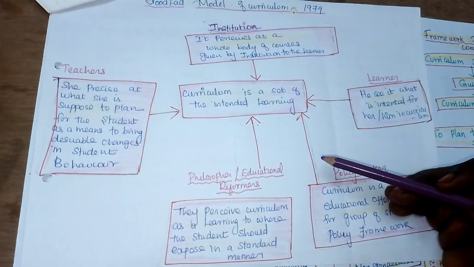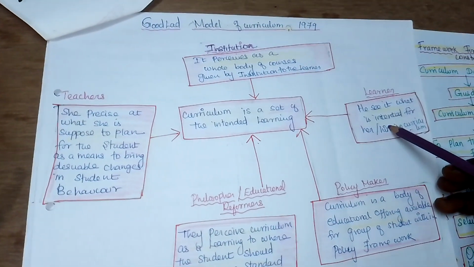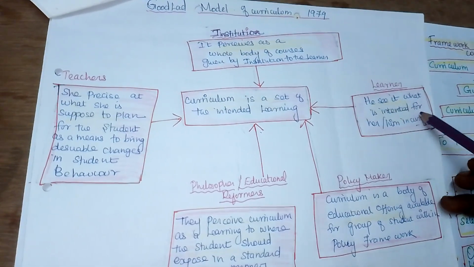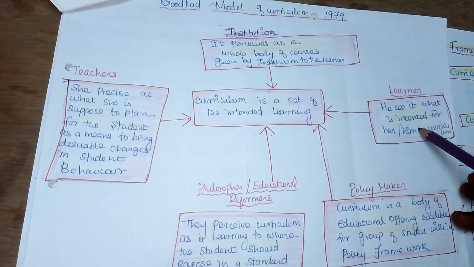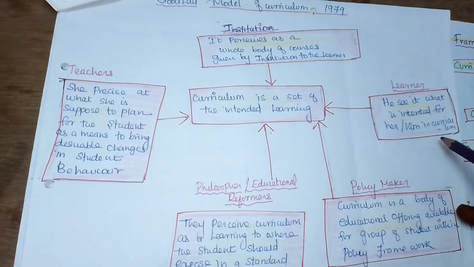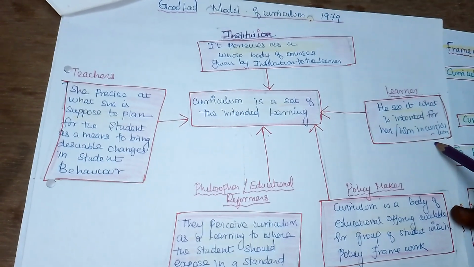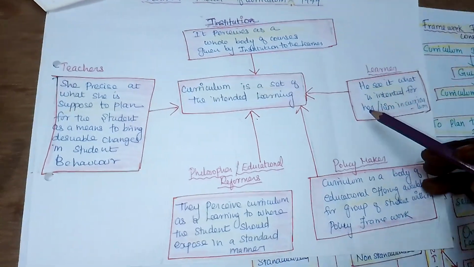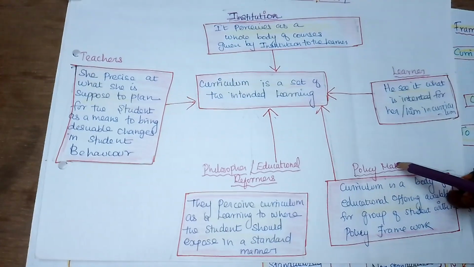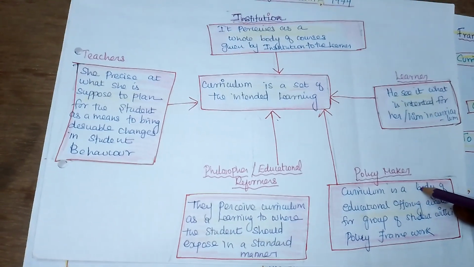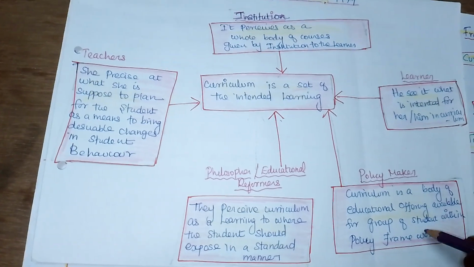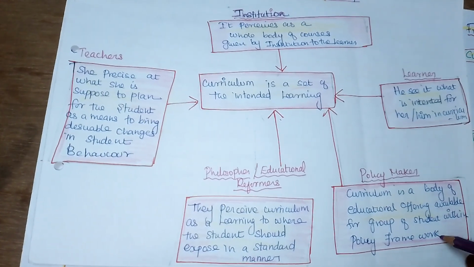Right or not? Learner. The curriculum has no meaning if there is no learner. The learner sees what is intended for him to learn, what is expected, his behavioral change. The curriculum also plays a main role with the policy maker. The policy makers: the curriculum is the body of educational offerings available to the group of students within a policy framework.